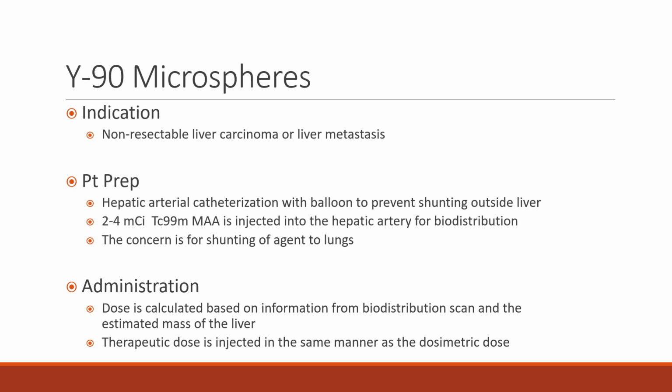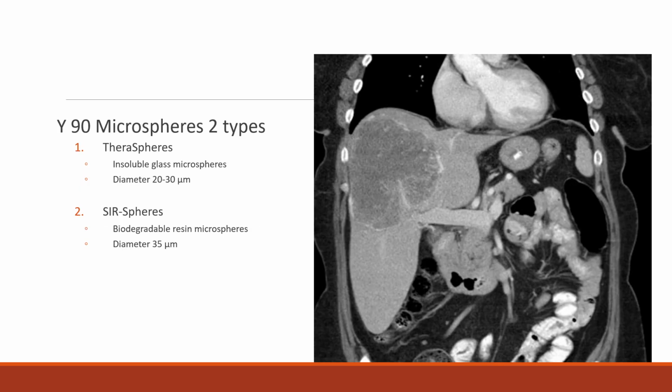So the dose is calculated based on information from biodistribution scan with the MAA and the estimated mass of the liver. Therapeutic dose is injected in the same manner as the dosimetric dose. So there are 2 types of microspheres. Thyrospheres and serospheres. Notice the thyrospheres are glass and they are slightly smaller. The serospheres are a biodegradable resin and they are about 35 micrometers.